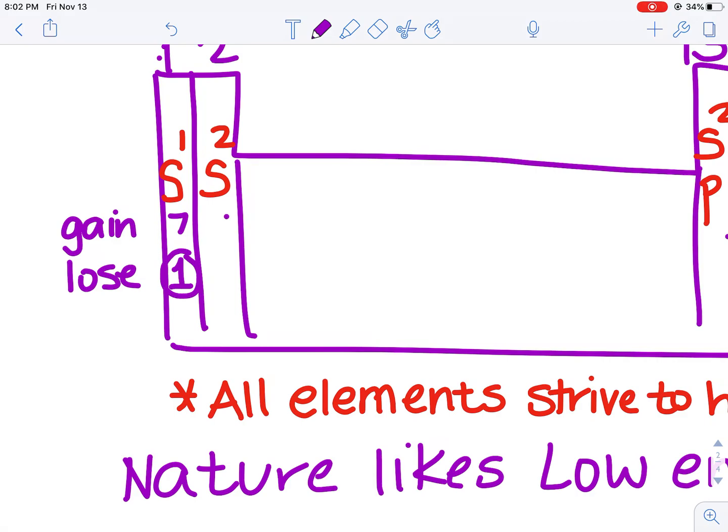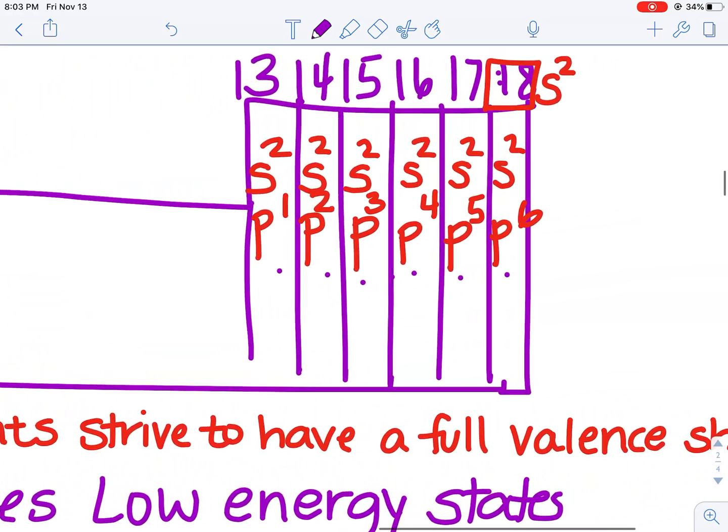My elements in group 2, the alkaline earth metals, they have 2 valence electrons, excuse me. They can either have the choice to gain 6 electrons or lose 2. Which do you suppose nature would prefer? You're right, losing 2. That takes less energy to lose 2 electrons than it does to gain 6.